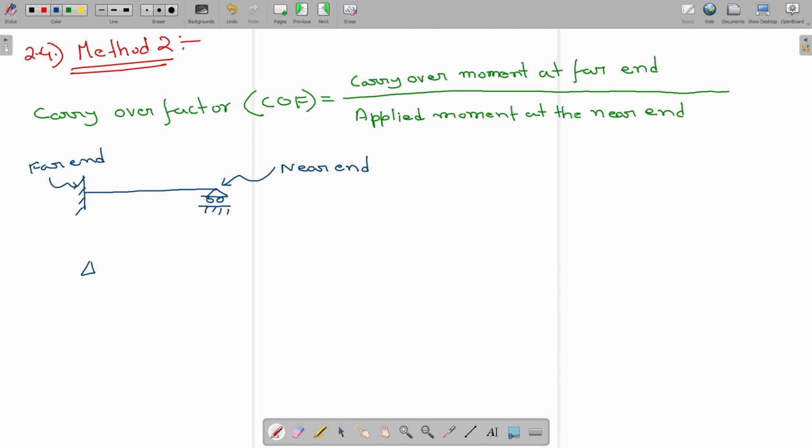Similarly, this is near end, this is far end.